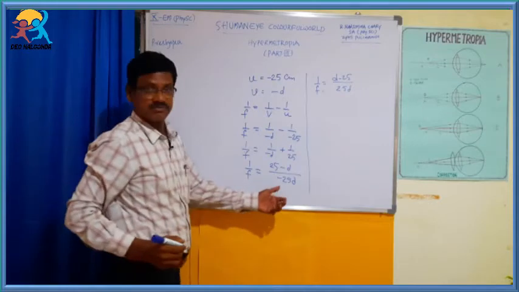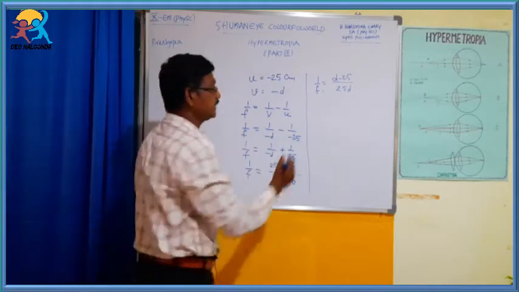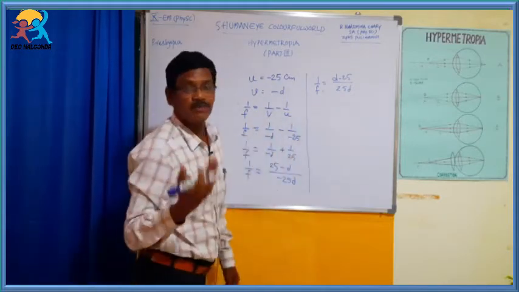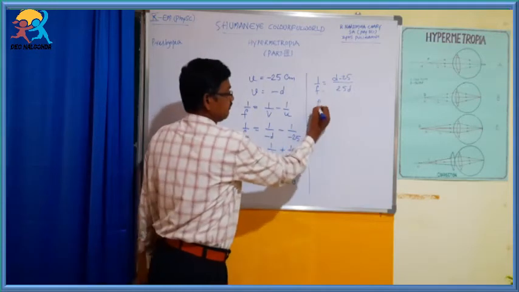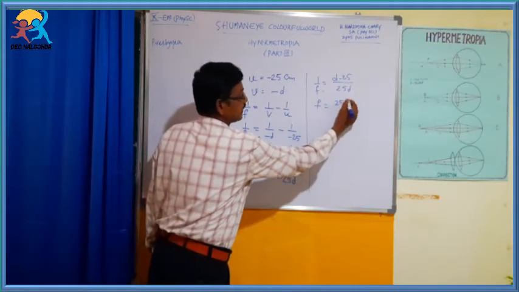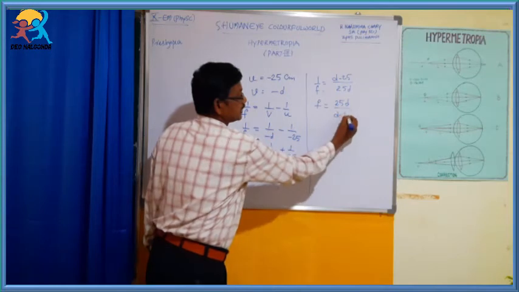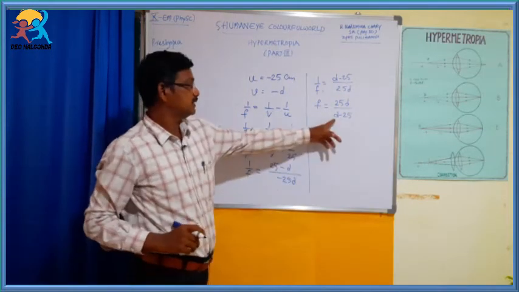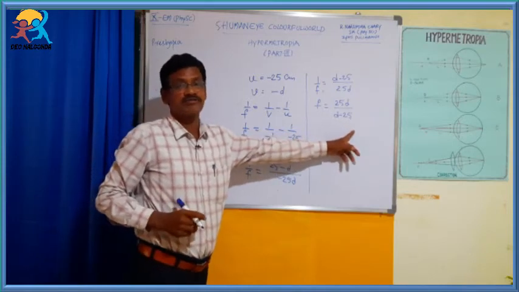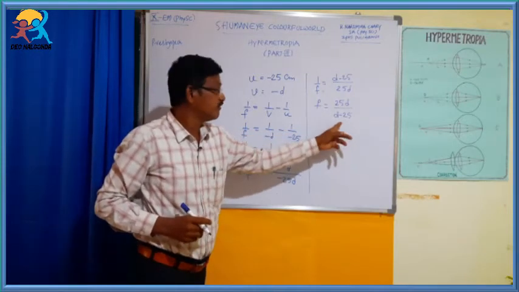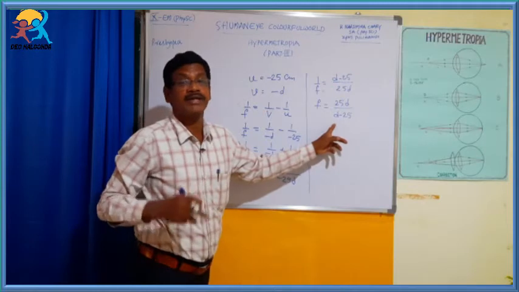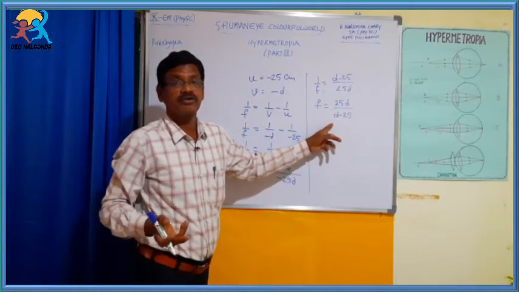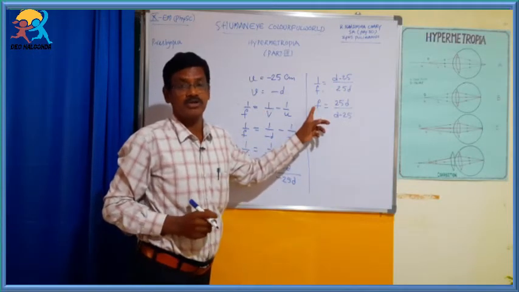For changing the minus symbol, we rearrange the values. Again, taking the reciprocal of the equation, we have f is equal to 25d by d minus 25. Children, you observe that the denominator is d minus 25, in which d must be greater than 25 for f to become positive.